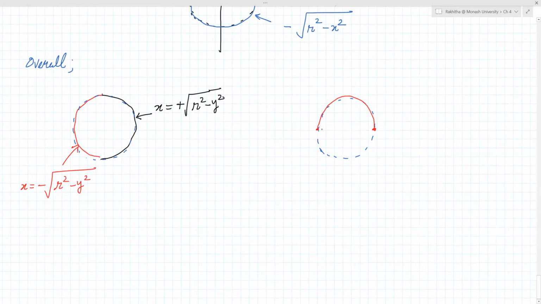So now x would be your independent variable, and your y is always in the positive direction. See, this is positive, this is negative. So your y is your dependent variable. So here y is positive square root of r squared minus x squared. That's how you do that.